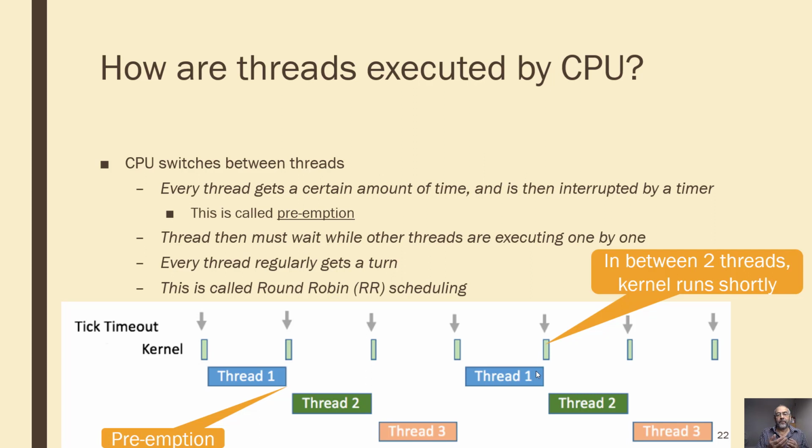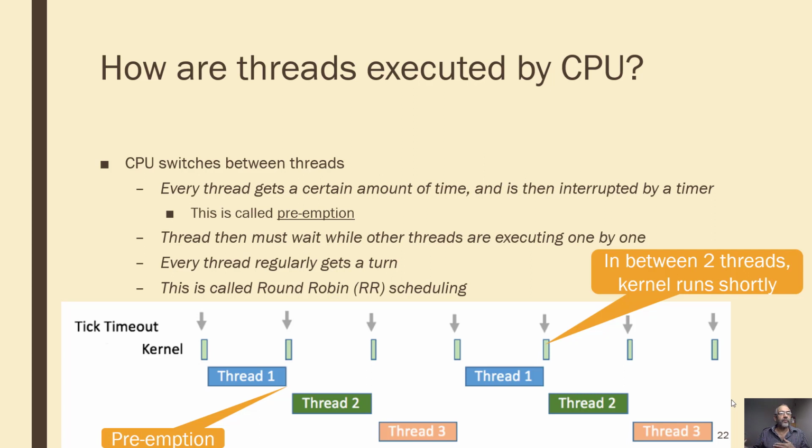So then only thread 1, 2, and 3, they run for the same amount of time. And when that's done, we start again. That's the round robin principle. We start again with thread 1, again, same amount of time, then thread 2, then thread 3, and so on. Then again, 1, 2, 3, 1, 2, 3.